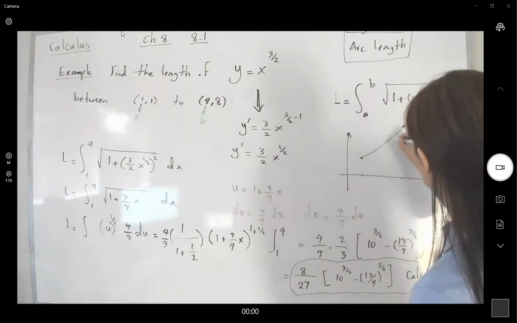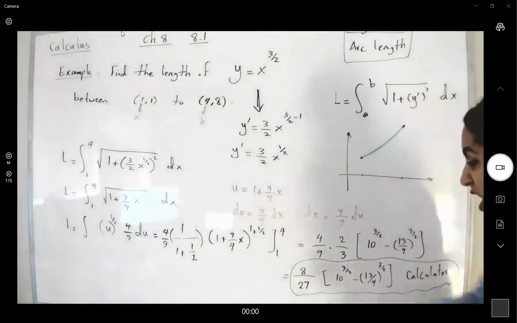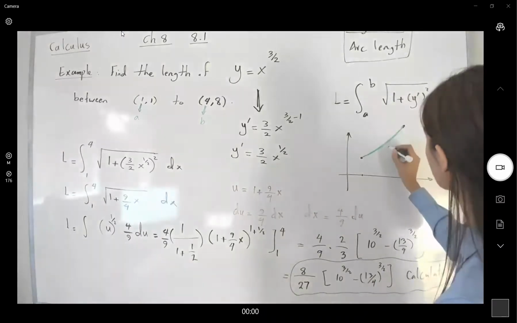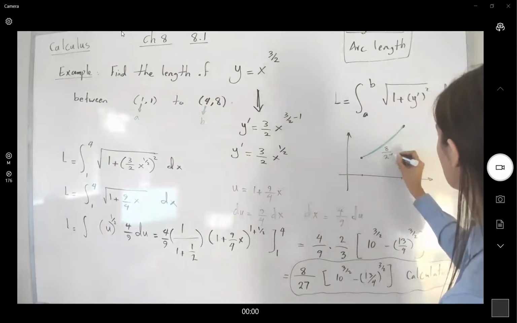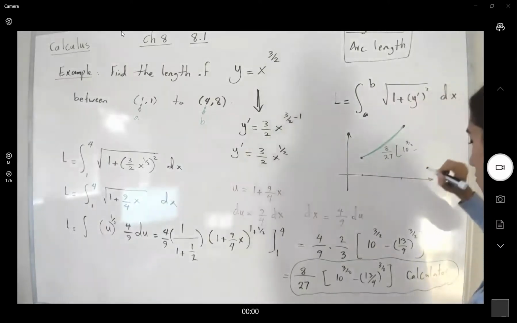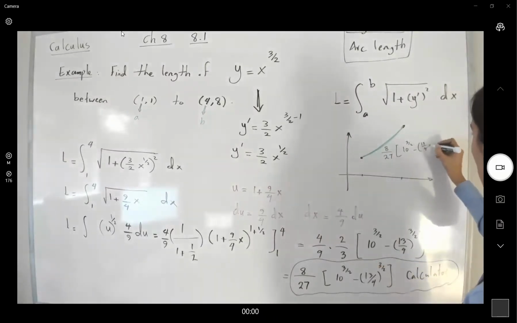So we calculated this length here, which is this ugly number, 8 over 27 times 10 to the 3/2 minus, let's simplify this guy, 13 over 4 to the 3/2.